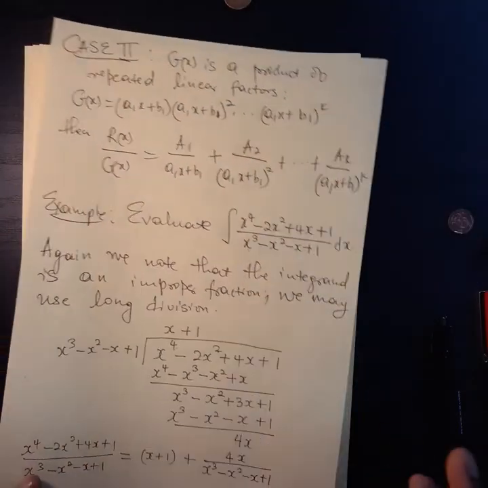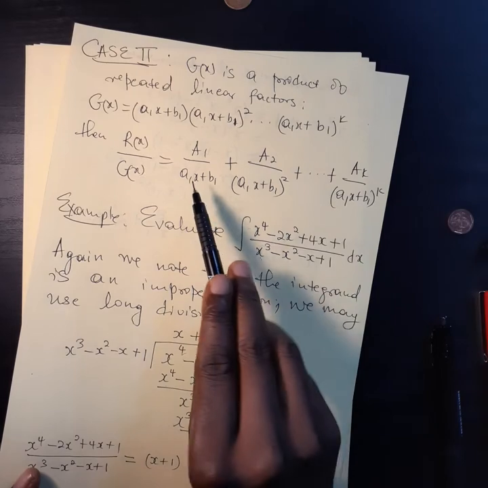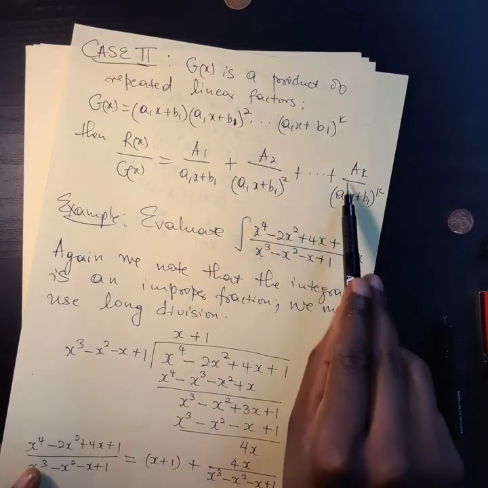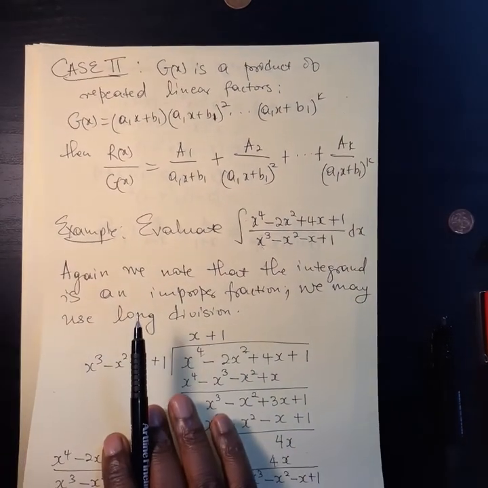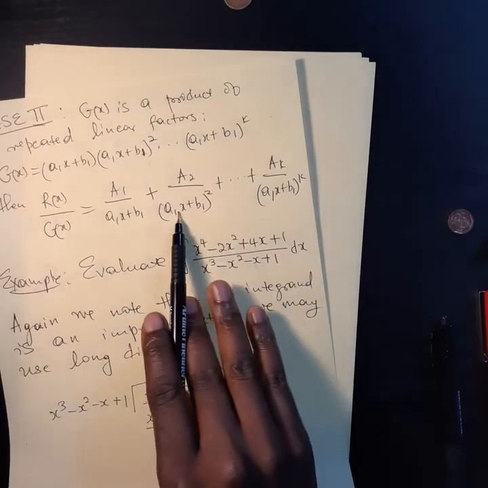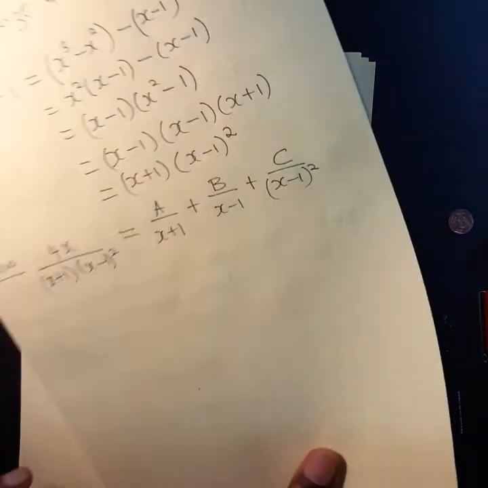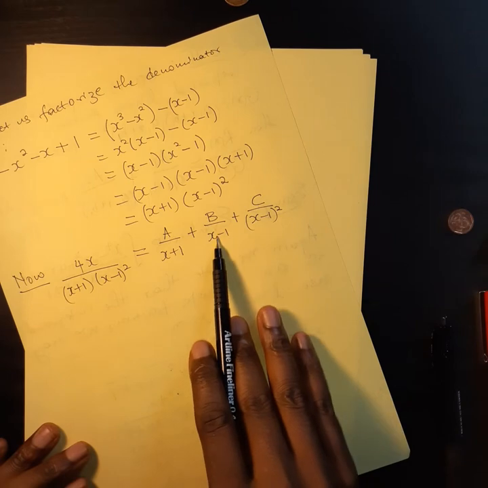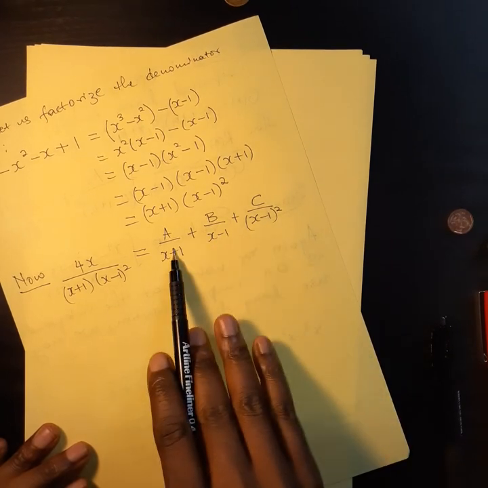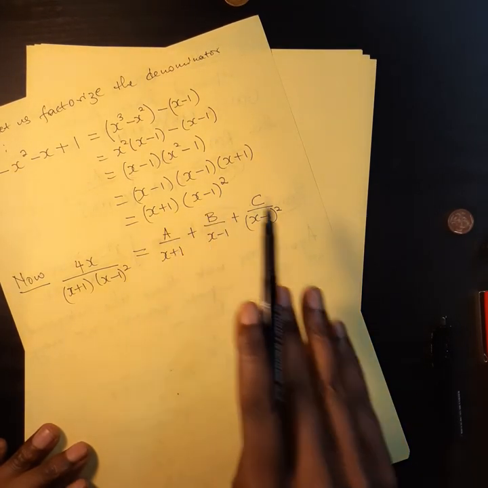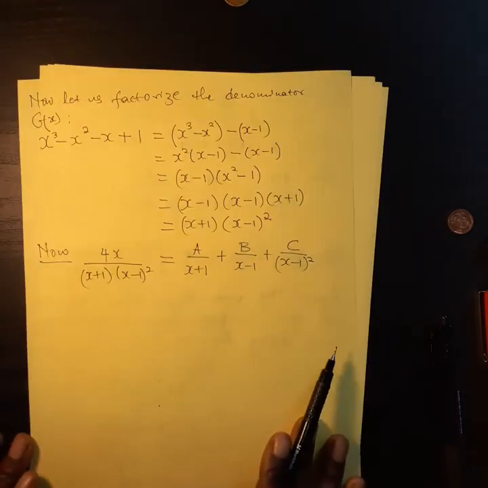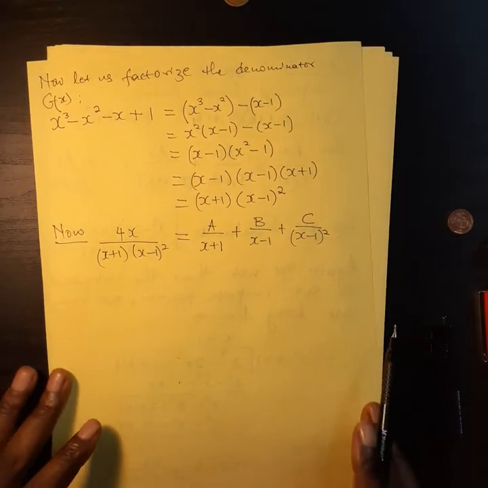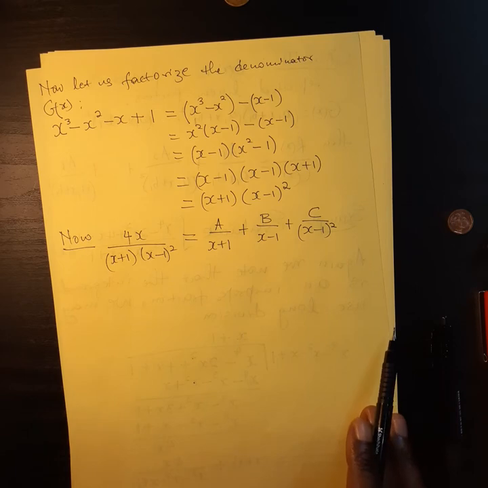And then this, because now it's repeating, you have this, you have that, you have that. You can see this is the one that is repeating, right? So the one that is repeating is starting here, like that. This is different from that one. After doing this, then we must find a, b, and c. How do we do that?